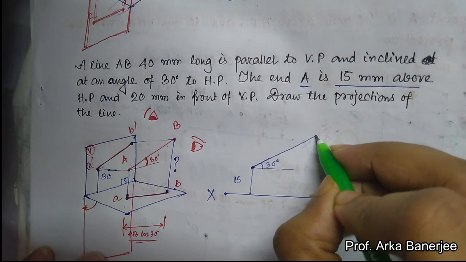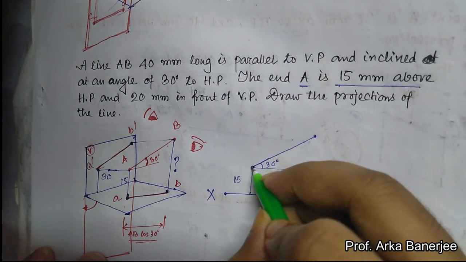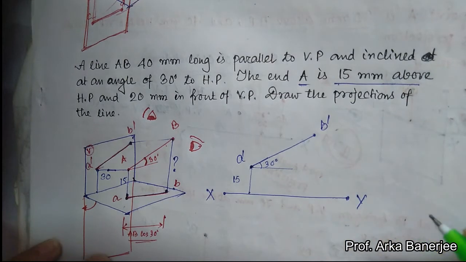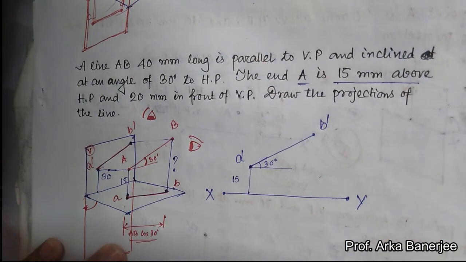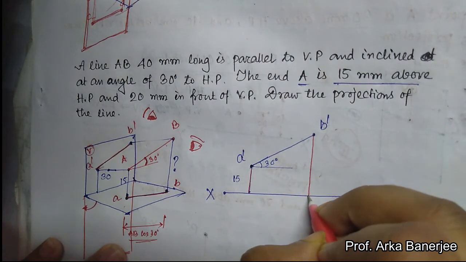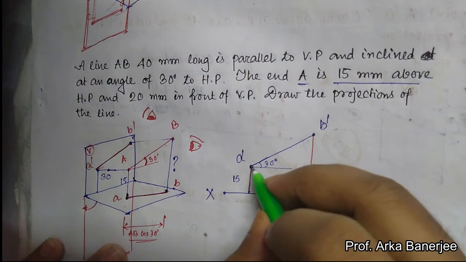Length of AB is 40 millimeter given. So this is A prime, B prime. This is basically continuous thin line, and this is continuous thick line.